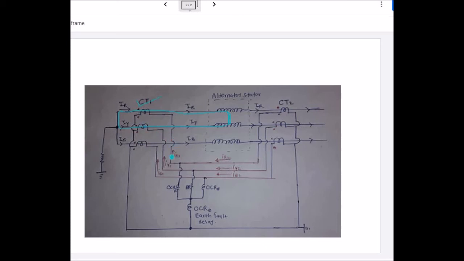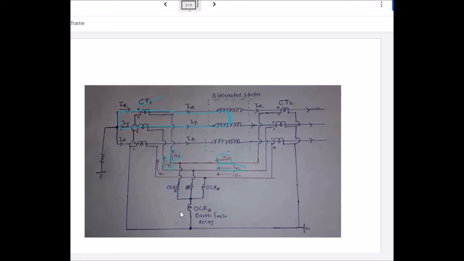Therefore the secondaries of the CT1 set and CT2 set are different, meaning the IR1 and IR2 current magnitudes are different, as are IY1 and IY2. Therefore a differential current flows through the overcurrent relay of R phase, and it will operate if this differential current is greater than the setting of the relay.